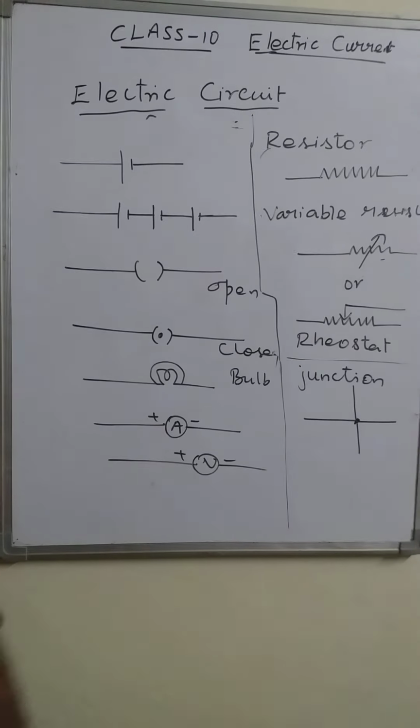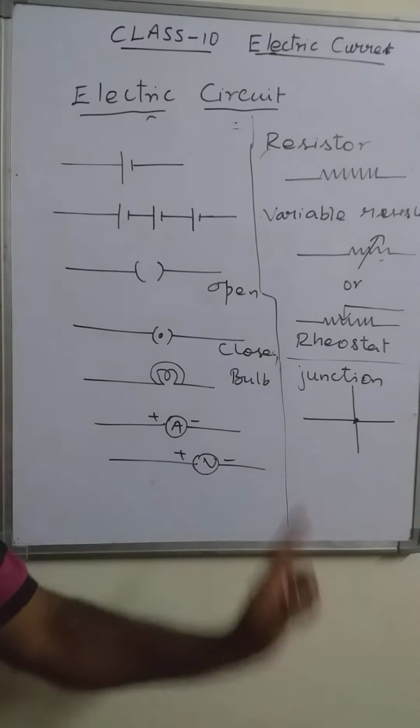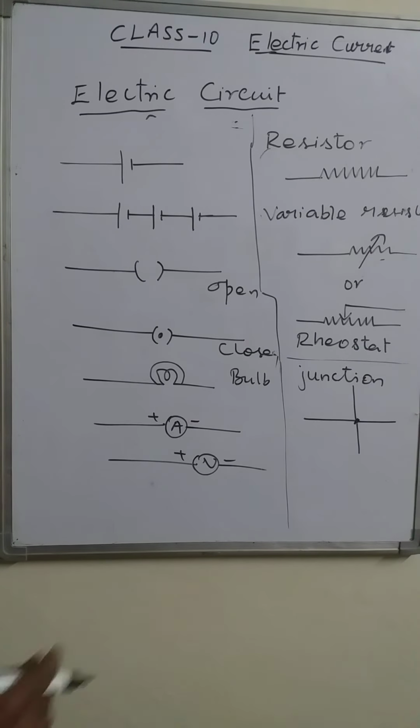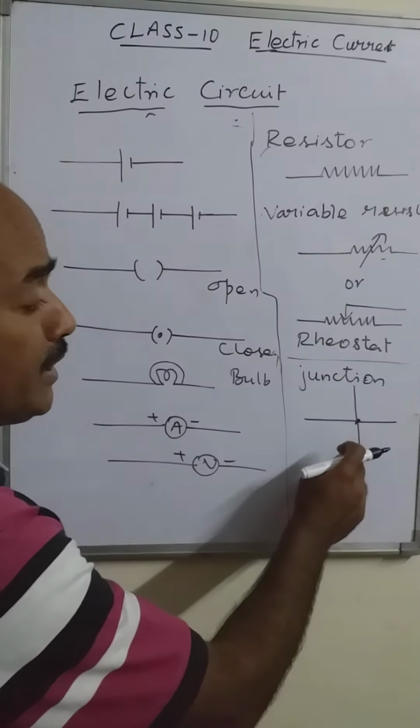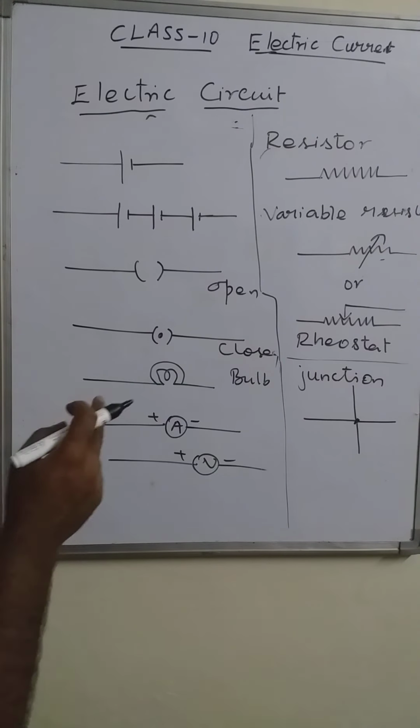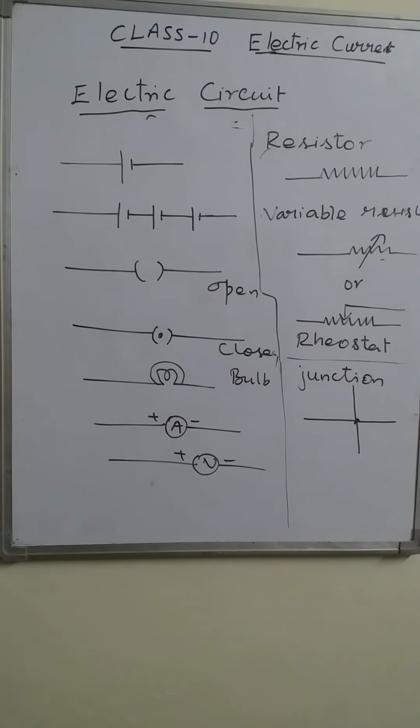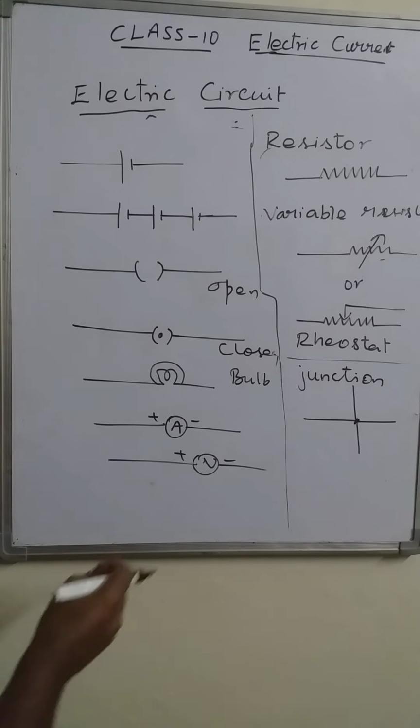This is the junction with a joint. So here four wires are meeting at this point. Otherwise it can be shown in another way also. Let me rub it.